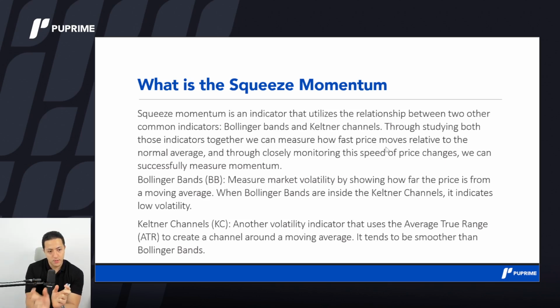If this happened, prices are moving fast. If it didn't happen, we are not moving fast. So he basically started to measure momentum in a very creative way. And through closely monitoring the speed of price changes, we can successfully measure momentum, okay?